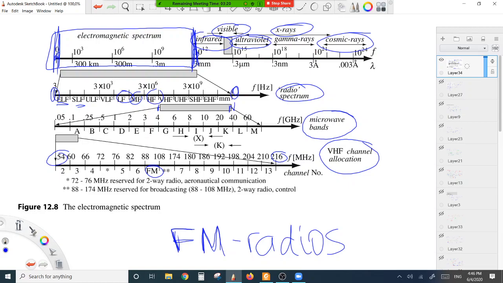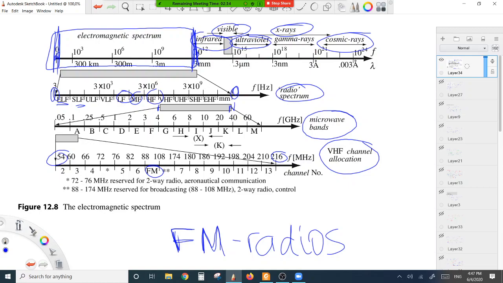Sometimes the frequency ranges which are used are allocated by convention. For example, if you are an amateur radio broadcaster, not commercial, you are broadcasting just for yourself and just for fun.